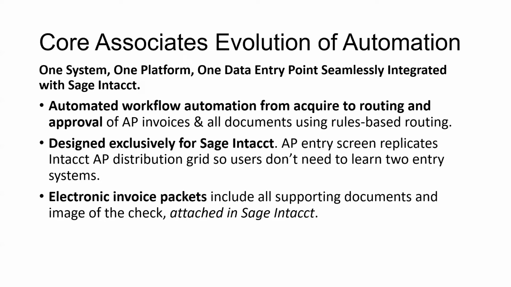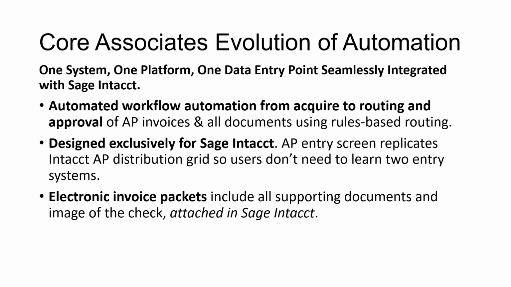So the idea and the concept behind this purchase to pay is to allow you to have everything managed in one system, on one platform, one data entry point, seamlessly integrated with Sage Intacct. So we've got the automated workflow, which we talked about before. We designed it, as I mentioned, for Sage Intacct. We took the AP entry screen and replicated what happens in Sage Intacct and pulled all of that functionality into TimberScan Titanium.